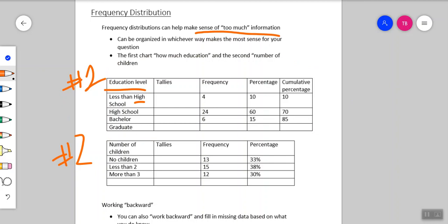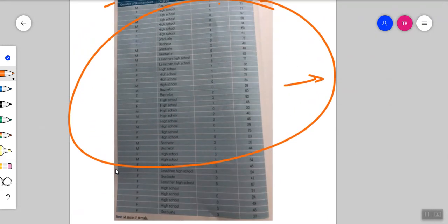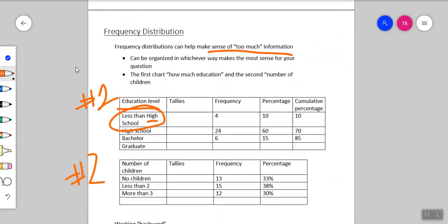You can make a chart that looks like this. So for instance, we'll go up and look for less than high school. I see 1, 2, 3, 4. So there's 4 total there. So if I go back down to your chart, tallies 1, 2, 3, 4. Therefore, the frequency is simply the number of people you counted. So there's your 4.